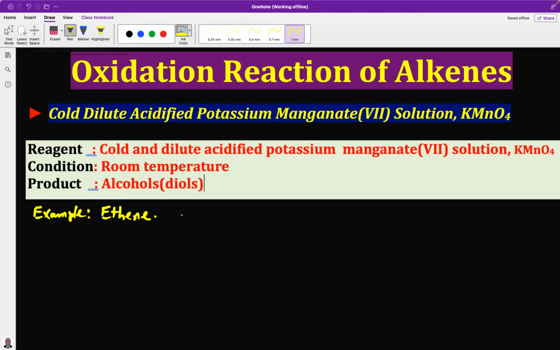When ethene, for instance, is reacted with cold dilute acidified potassium manganate 7 solution, the purple color of the acidified manganate 7 solution is decolorized. Remember, acidified potassium manganate 7 has a purple color.